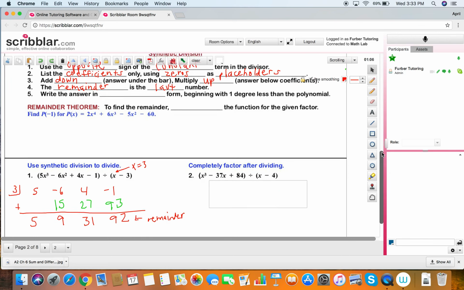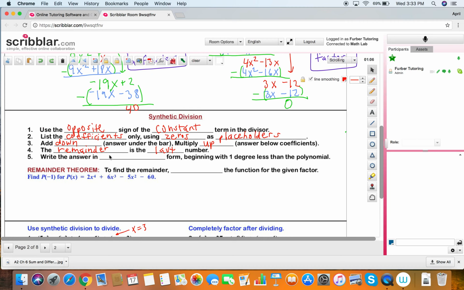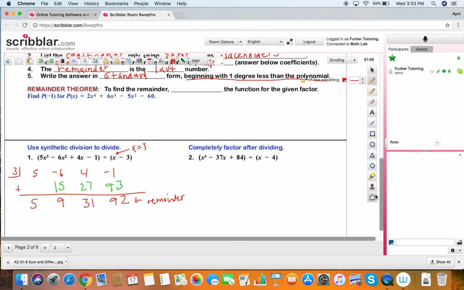So I'm going to write that here in this last step. You're going to write the answer in standard form. But the only thing that you need to remember, and I'm going to underline this, is that you're going to begin with 1 degree less than the original polynomial had. So when I fill back in the variables, they are not going to begin with x cubed, they're going to begin with x squared.